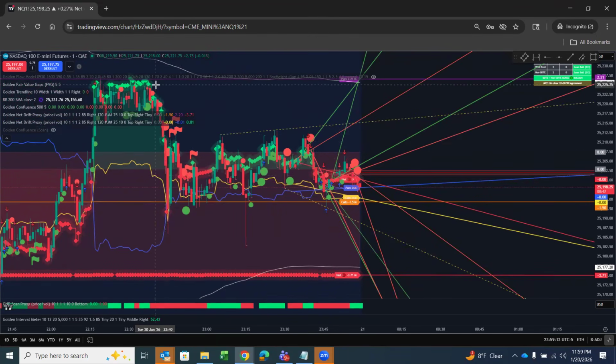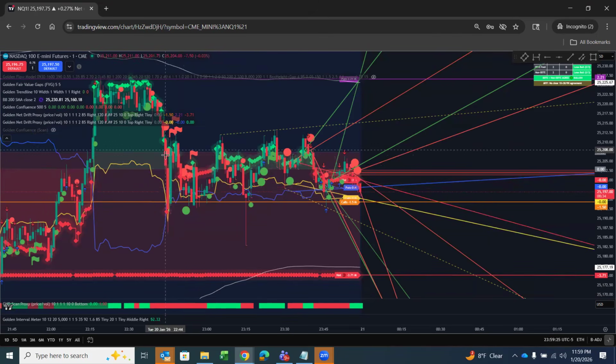This is the bullish area above 25,207. This is where bulls are in control, and it's choppy around 25,203. You can see it chops or rejects at this level. So this is the danger zone. This is the level you need to break up above, and this is the level that will act as resistance, as you can see.